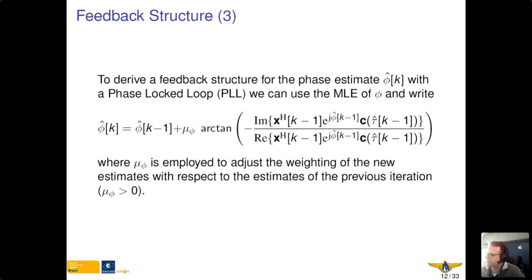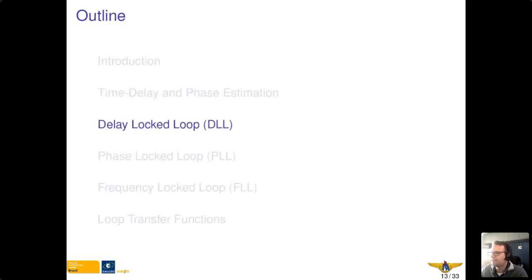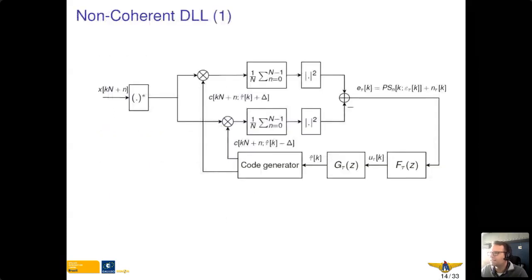So the time delay estimate tau hat at time instant k minus 1, and we also use the phase estimate at k minus 1, so phi hat at k minus 1. So these are the two feedback structures for time delay and phase estimate. This concludes the discussion on joint phase and time delay estimation.